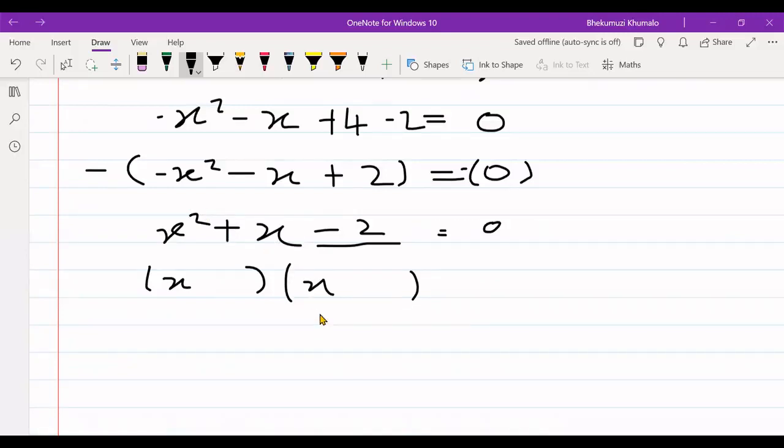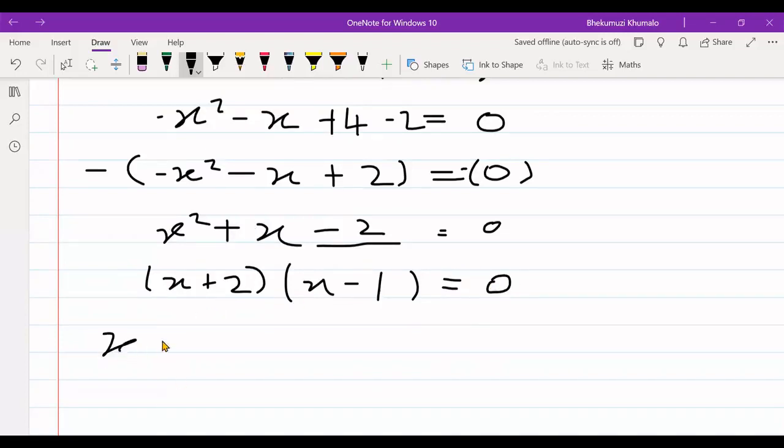Basically 2 and 1. 2 times 1 is 2, but one of them has to be negative. So positive 2 and minus 1, because 2 plus negative 1 gives us positive 1. So that is definitely our factorization.